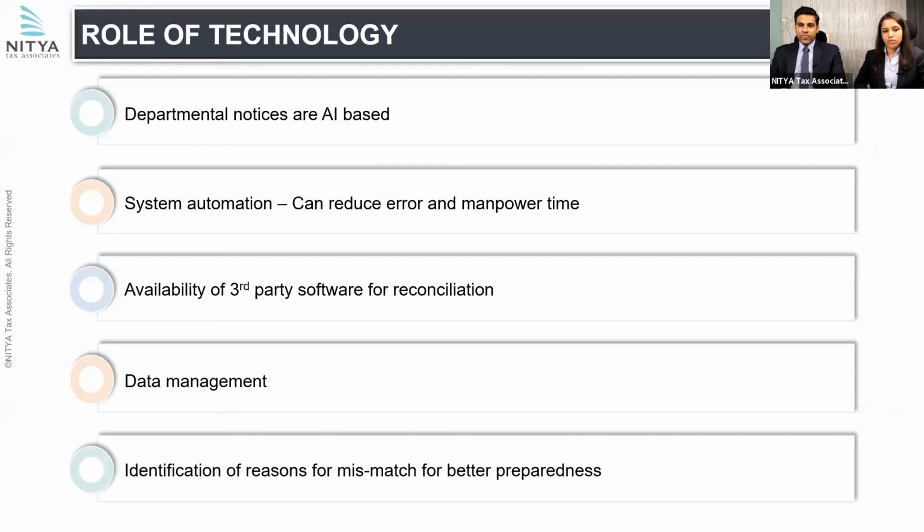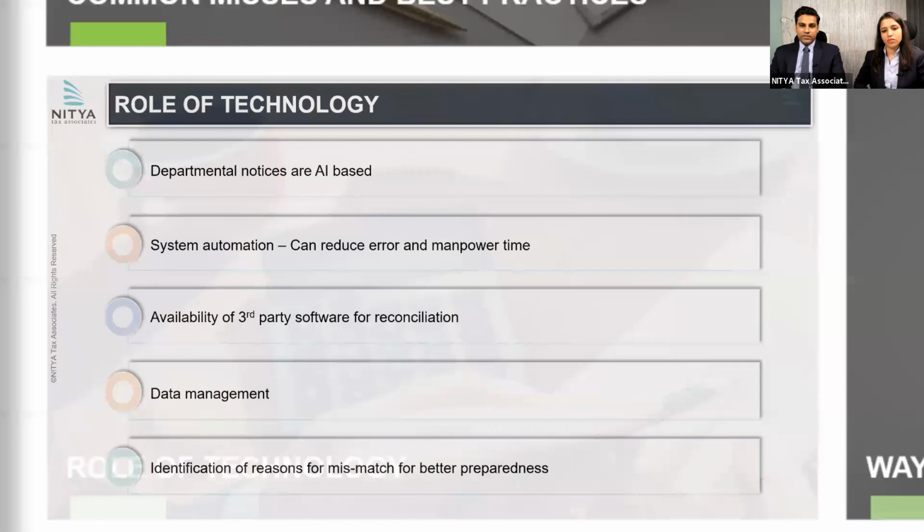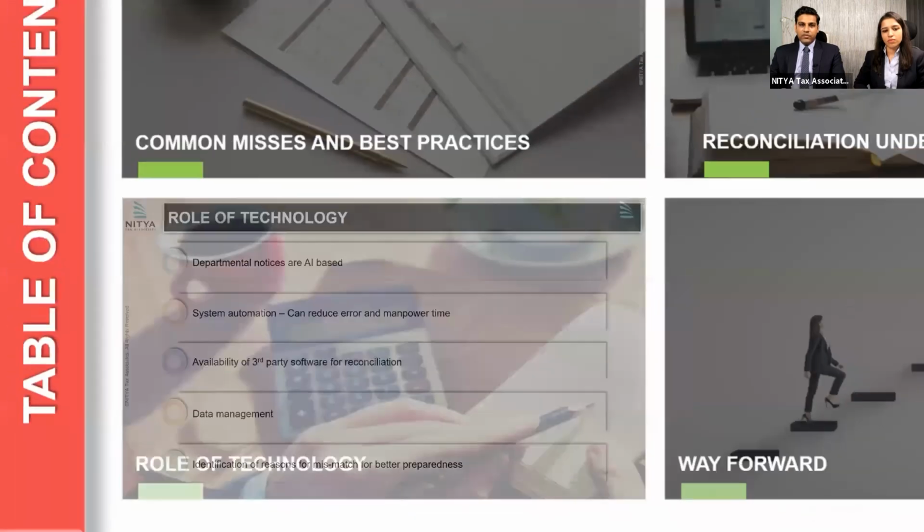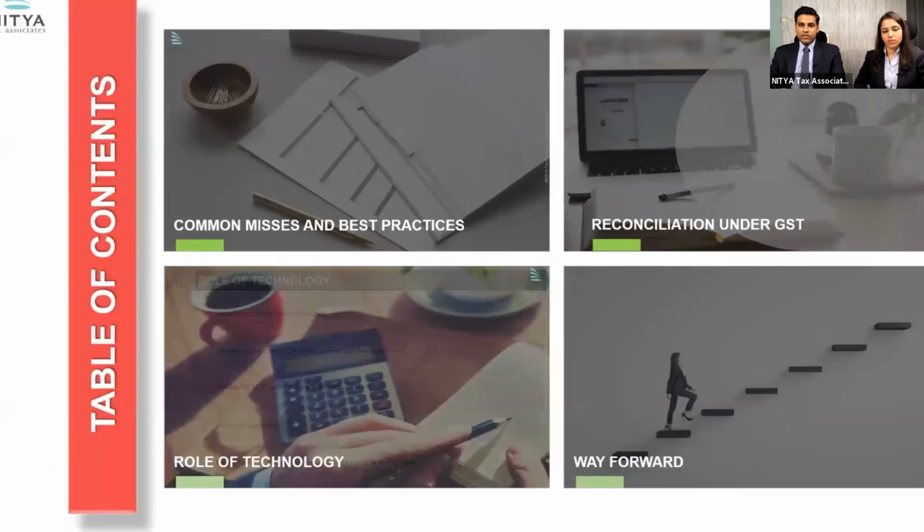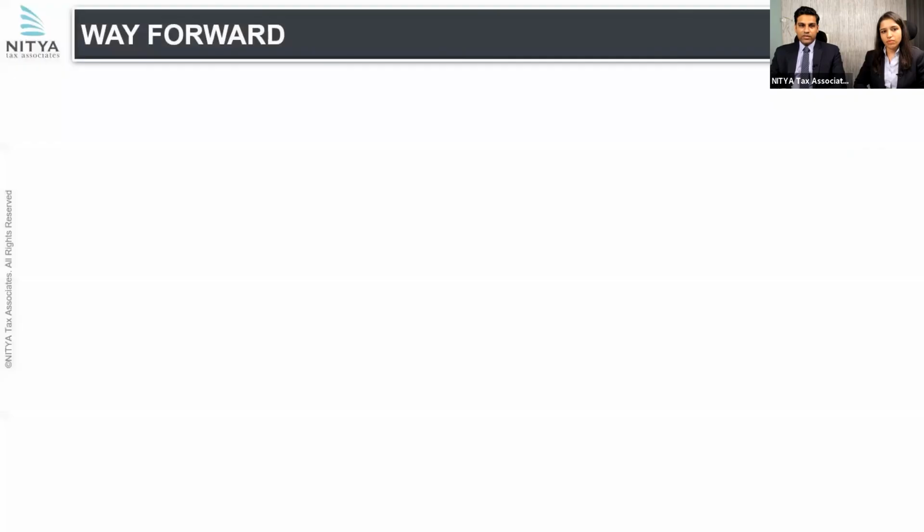And lastly, the better and more timely you identify mismatches, the better actions you can take in terms of adjustment, etc. So this is how technology can ease your life under GST. What should be the way forward in terms of notices and the existing scenarios of technology?